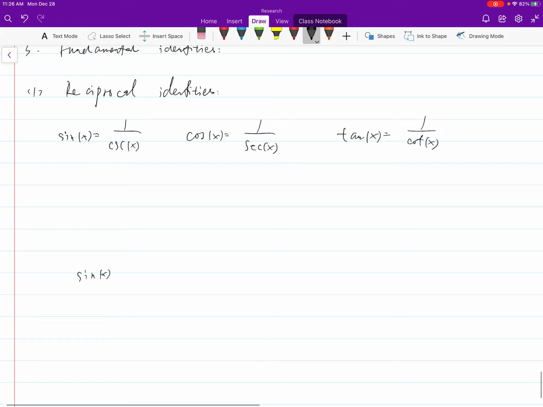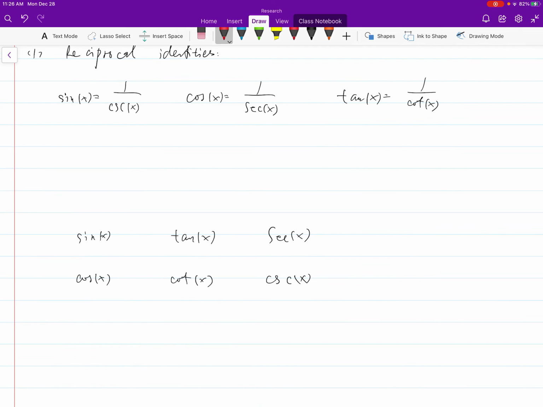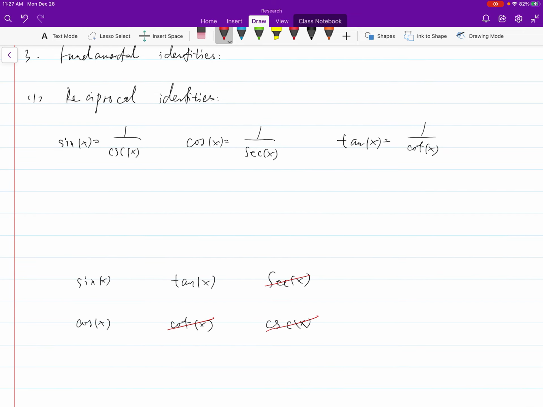That means if you have sine, you have cosine, you have tangent, it seems like you have 6, but really knowing the first 3, you don't have to know these 3, because you can get it from the first 3. That is nice.